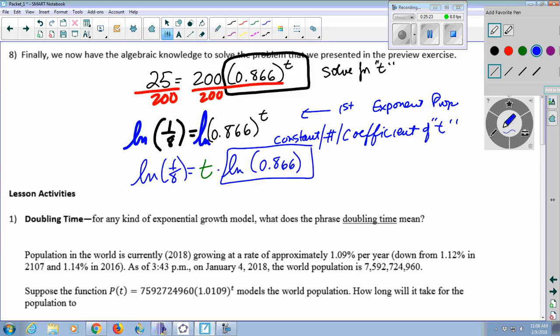So this looks just like the equation 10t equals 2. That's how simple that equation is. All that other symbology in there is just messing with your mind. So you just got to create a visual field that makes that look as simple as 10t equals 2 to yourself. You want to solve for t, which means you've got to divide both sides by the coefficient, which is the natural log of 0.866, on both sides.